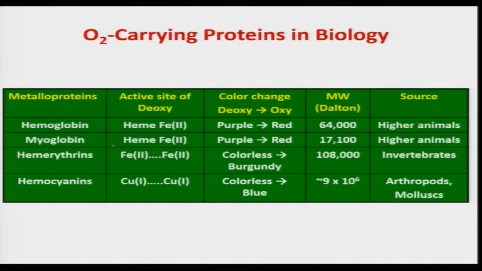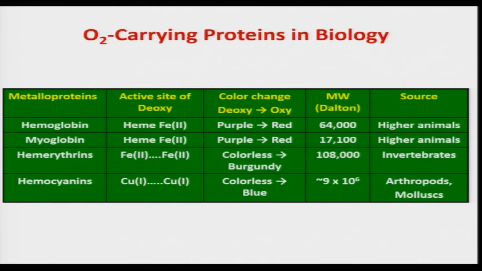Myoglobin is also a heme protein and the color change from deoxy to oxy is purple to red. The molecular weight is around 17,100 Dalton. Higher animals have this myoglobin in their body.